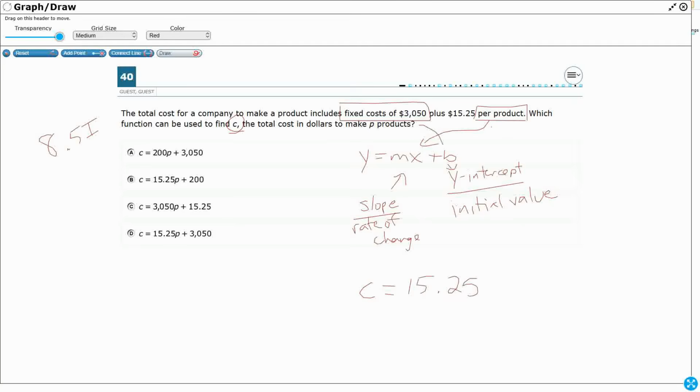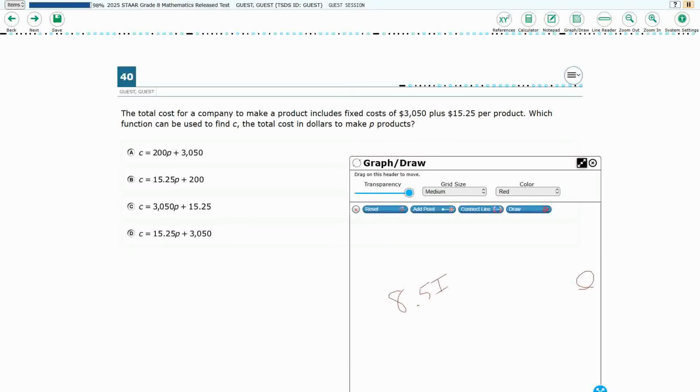This is a constant. And so that means it's not changing no matter how many products you have. You make one product, you make 1,000 products, you're still paying the 3,050. That is the definition of a starting value, a y-intercept. So if we do this, and P is going to be our independent variable, we have this, and our answer is going to be D.